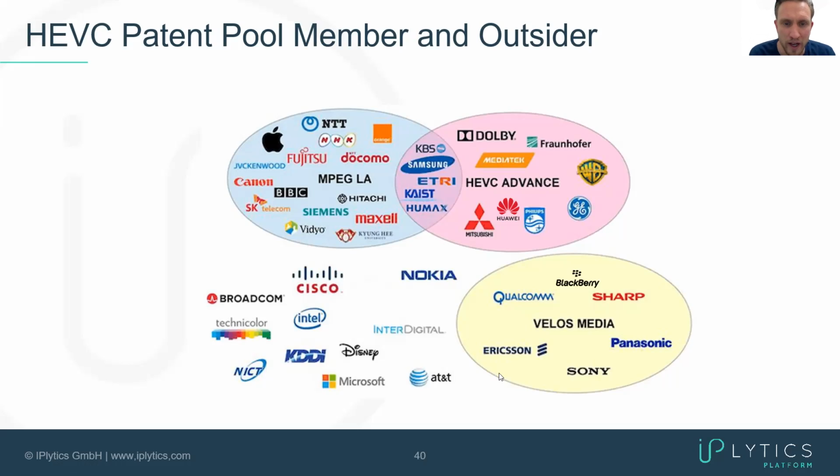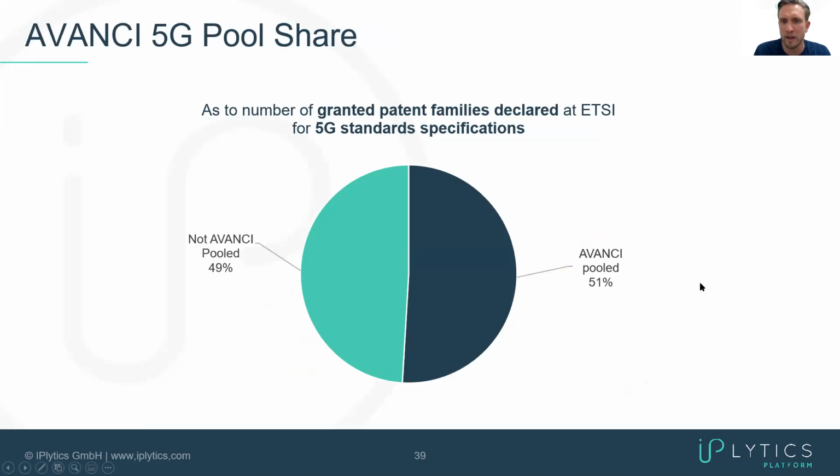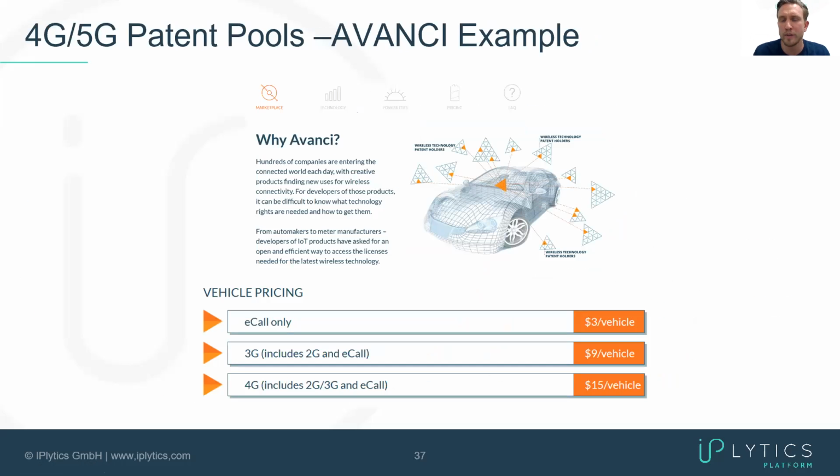There's a question here. Are these patent pools fair in terms of money to be paid for more or less expensive devices? No, it depends. But if you think about Avanci, the license for the cars, they have their dollar prices on the website. It is per car, per vehicle. So let's say the last deal here, $15 per vehicle.